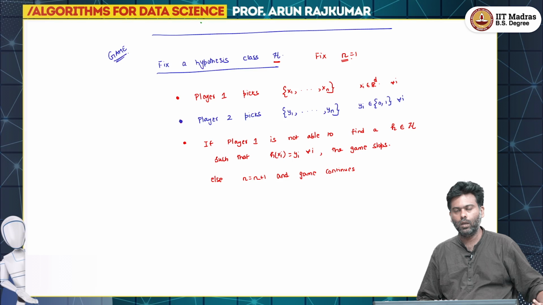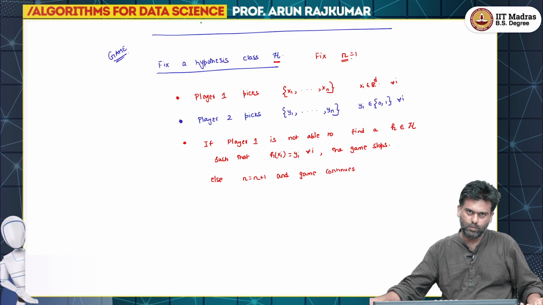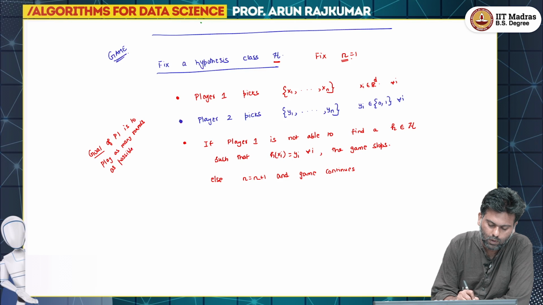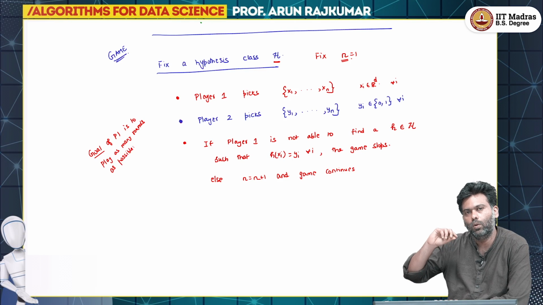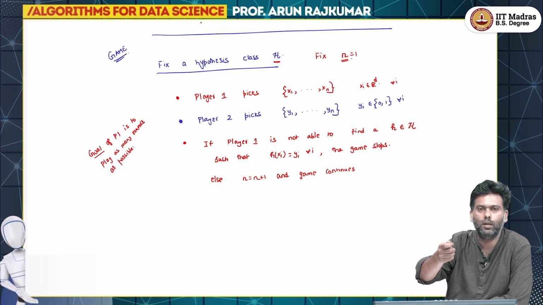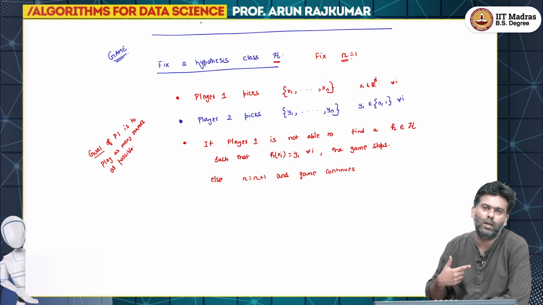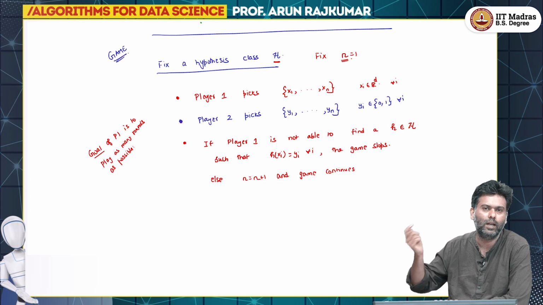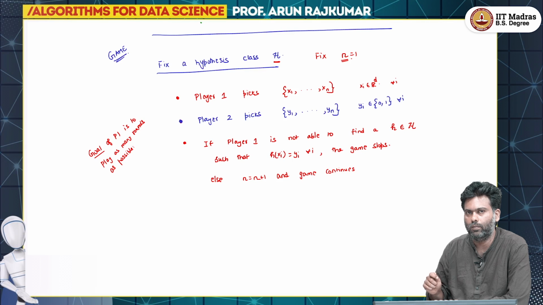Your goal as player 1 is to play as many rounds as possible. Which means that your goal is to somehow give me x1 to xn such that, for the y1 to yn that I give you, you would somehow find a h which labels them correctly.